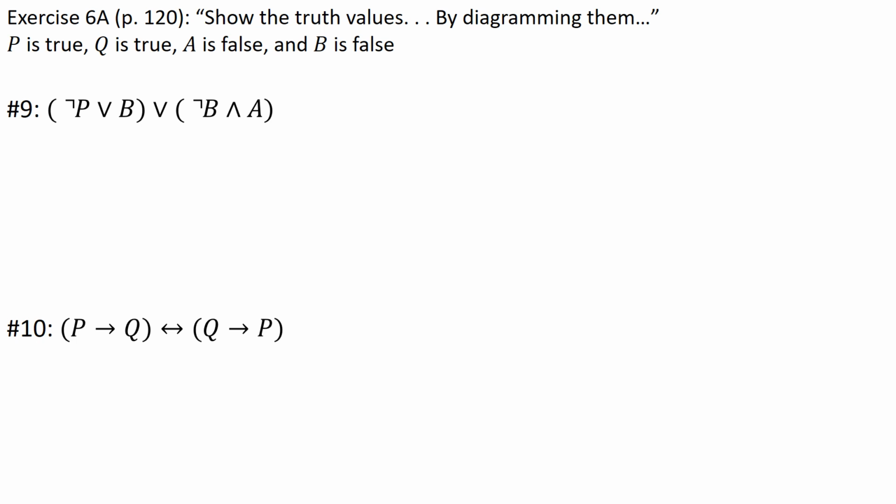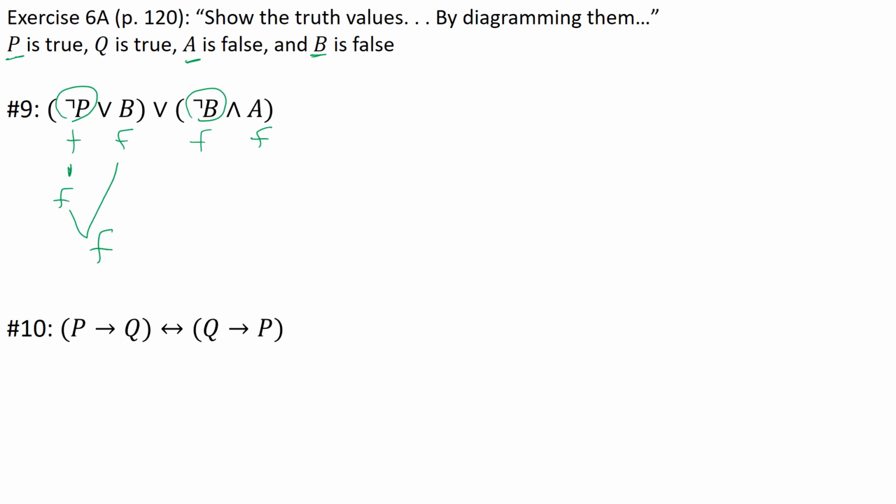Number 9. P is true, B is false, A is false. Let's work over here. We have this negation. So true is not the case, so that's now false. Now we have a disjunction. Both choices are false, so that's a false disjunction.